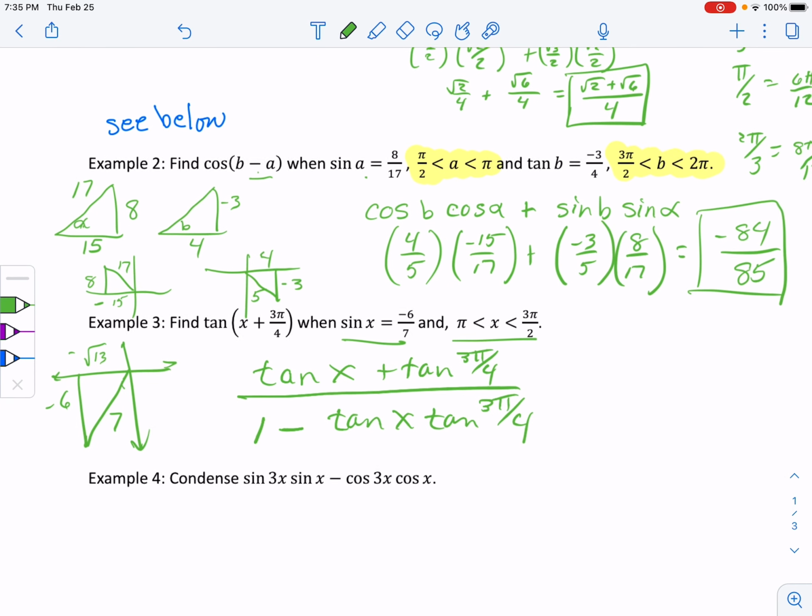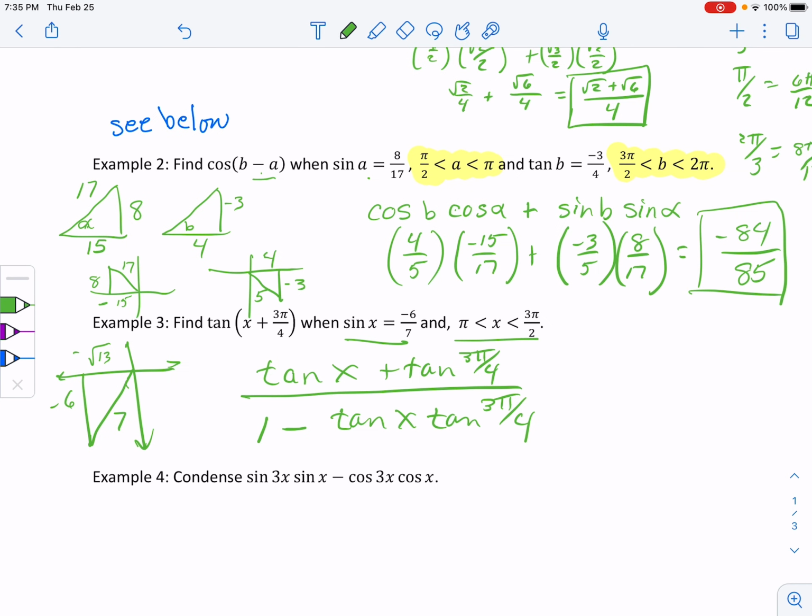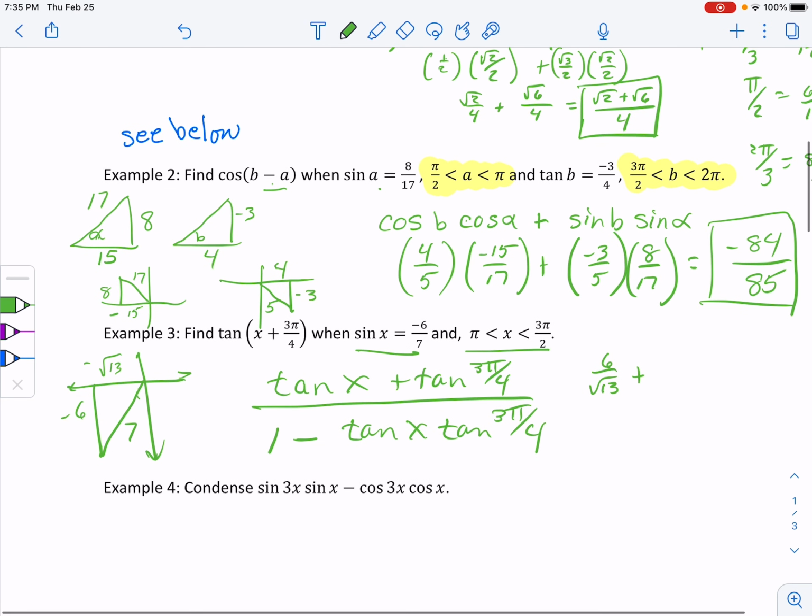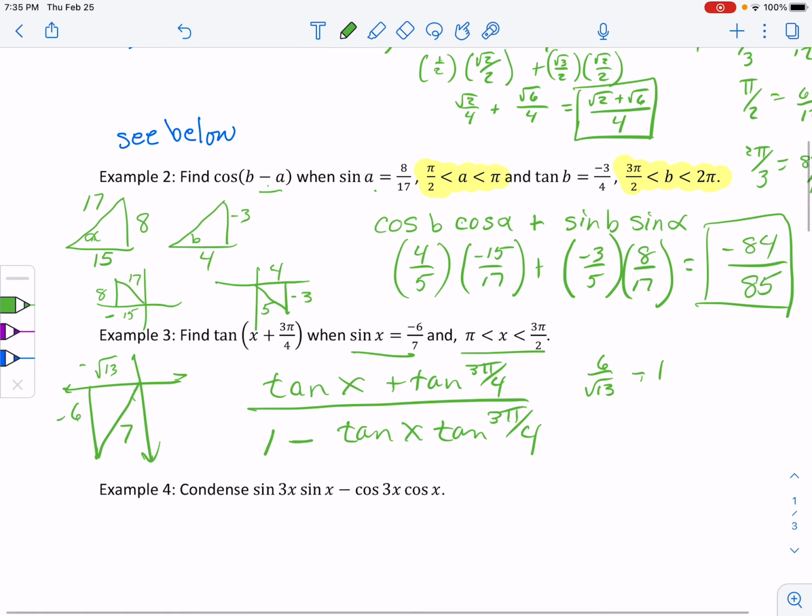So you just plug them in. The tangent of x is negative 6 over square root of 13. They're both negative, so you get 6 over square root of 13. Plus the tangent of 3 pi over 4 is negative 1. So let's make that a minus. And then it's 1 minus the product of that.